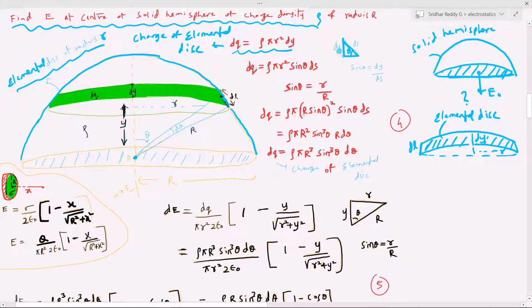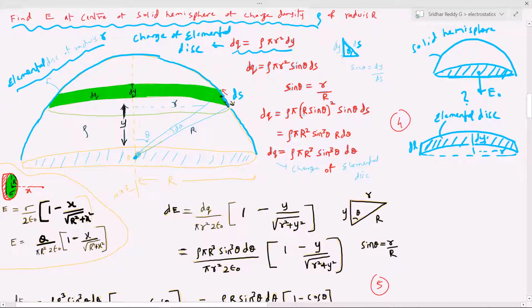So what is sine theta? Let me keep it ds only. Sine theta equals opposite by hypotenuse, so sine theta equals dy by ds. Let me write dy equals sine theta ds.